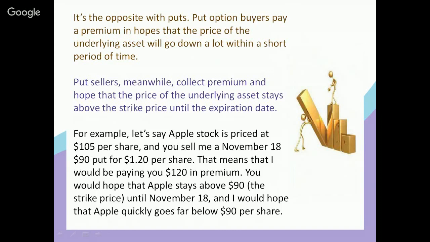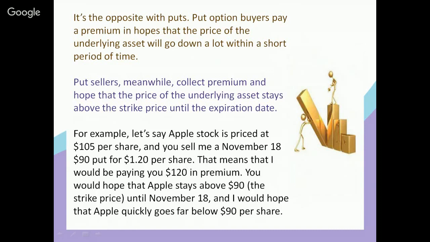So for example, let's say Apple stock is priced at $105 a share, same example. And let's say that you sell me a November 18 $90 put for $1.20 a share. That means that I, the buyer, would be paying you, the seller, $120 in premium. Remember, it's for 100 shares, so you'd multiply the per share price times 100: $1.20 per share times 100, $120.